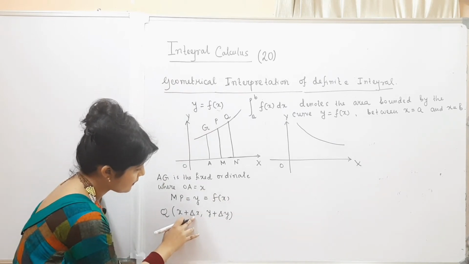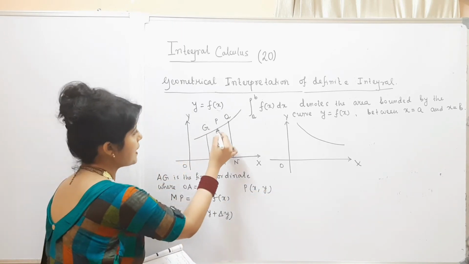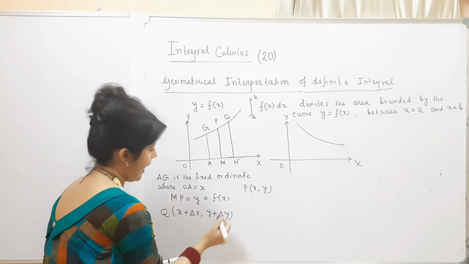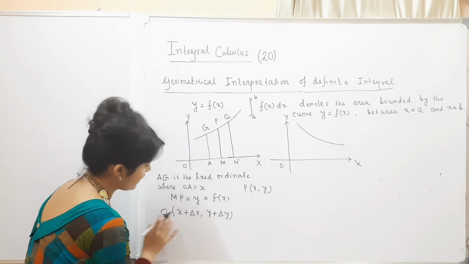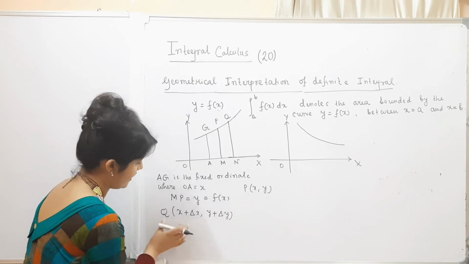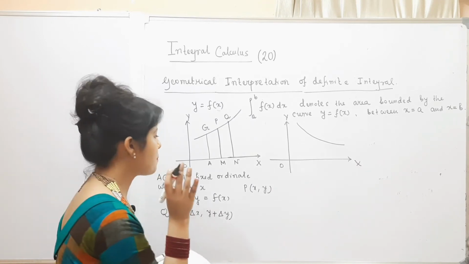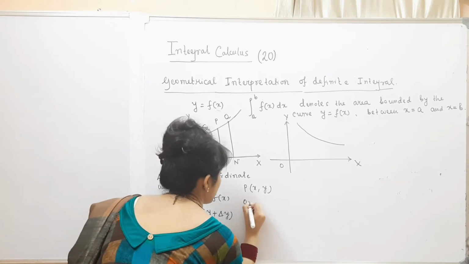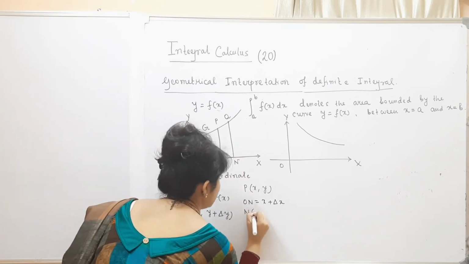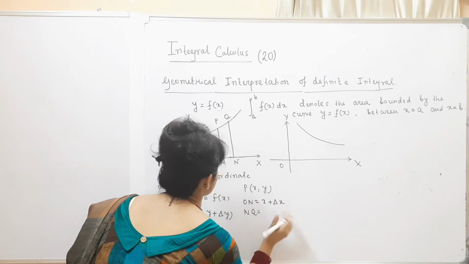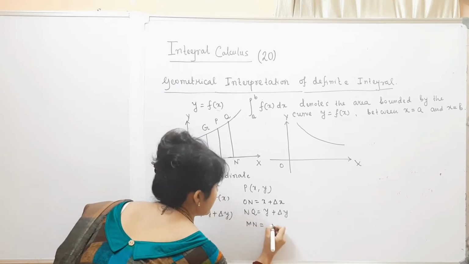P has the ordinate x comma y, and Q is very close to P. So ON is equal to x plus delta x, and NQ equals y plus delta y, and MN is actually delta x.